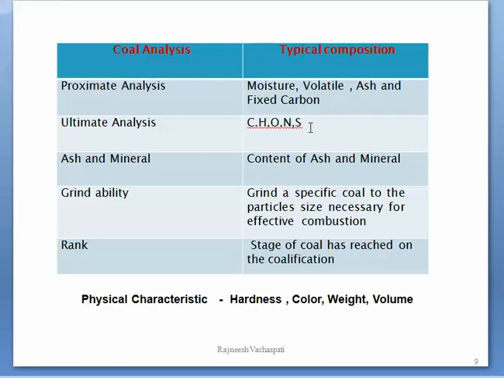It is mainly the carbon which combusts, and the combustion of carbon is an exothermic reaction. During the combustion of carbon, heat is released, and this heat is utilized to generate steam.